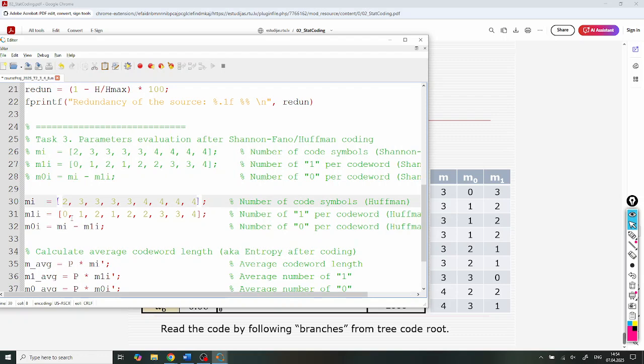They are all going to be 3s except the last two. And here it will be 0, 1, 1, 1, 2, 2, 3, 2, 3.